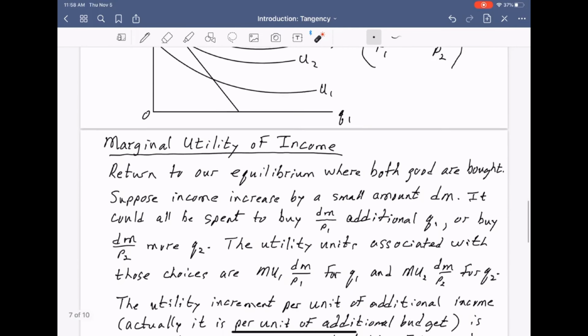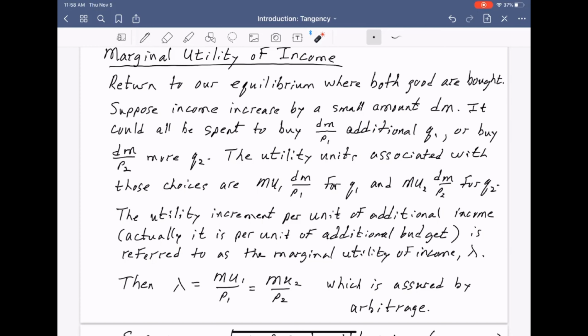Now this income could be spent to buy only good 1, in which case we could buy dm over P1 of Q1. Or we could buy dm over P2 amount of Q2. So we can either spend it on Q1 or on Q2, or we can buy both Q1 and Q2.